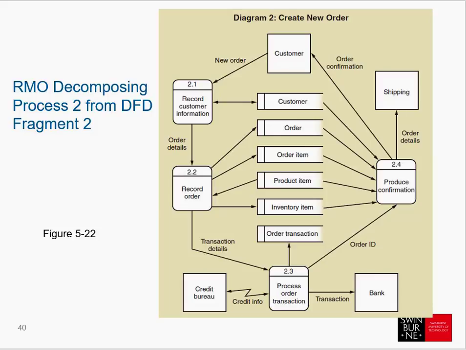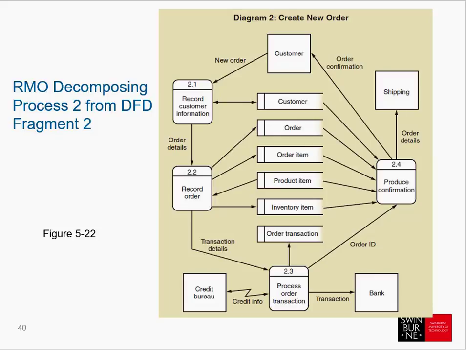So how do they calculate that? They may multiply the price by quantity for each item and then send that data flow named transaction details to process number 2.3 to record the transaction. The transaction includes the order number, the amount and the credit card information, right?